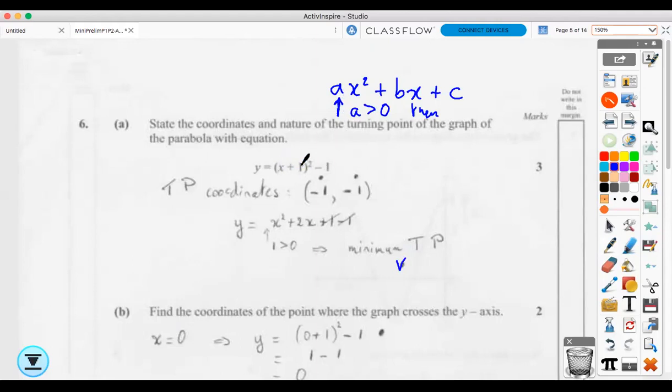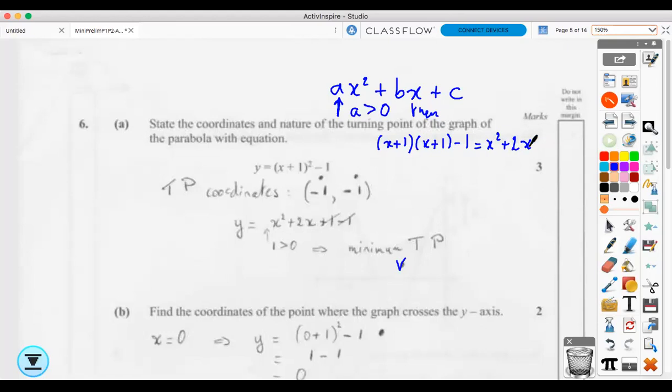Because you've got x plus 1 squared. So even you could have done that: x plus 1 squared is just x plus 1 times x plus 1, minus 1. So that would be x squared plus x, that's plus 2x, plus 1 minus 1.